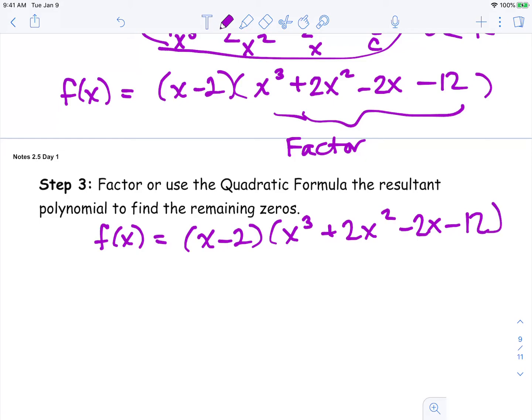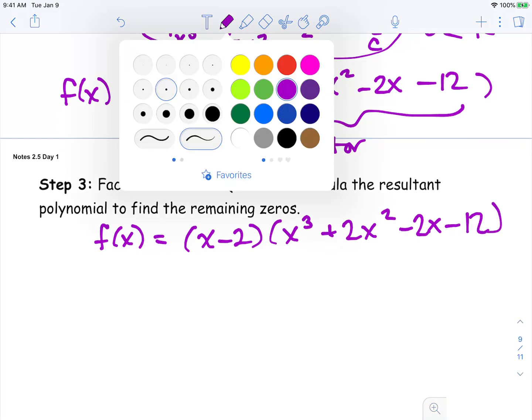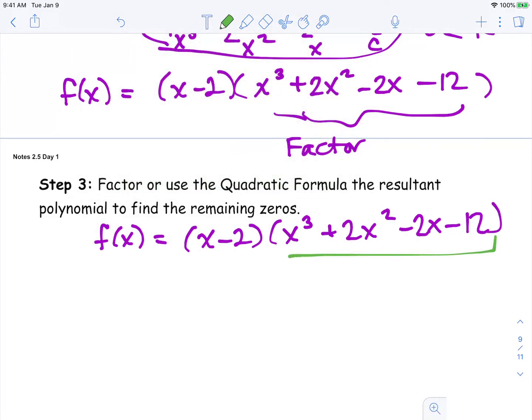So I'm just writing the problem again. I'm just going to change colors here. There are 3 more zeros in that piece of the polynomial. So what we need to do is try and factor it. Try and maybe factor it by grouping.